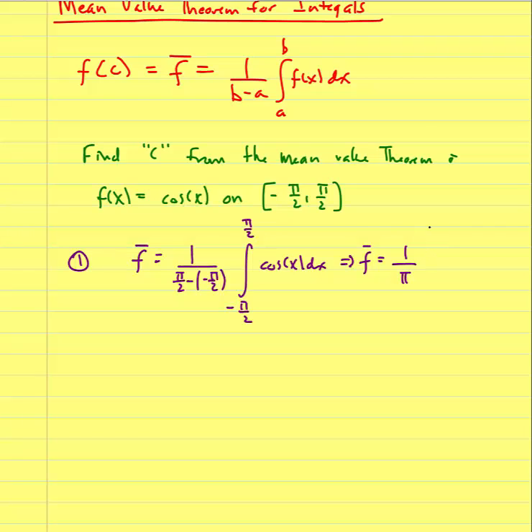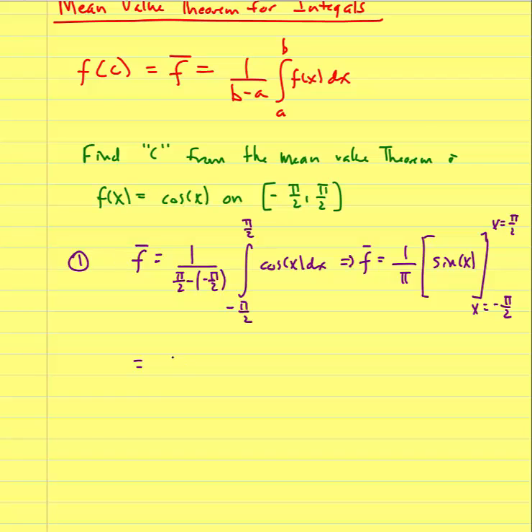Now if I look at the integral of the cosine, the integral of cosine is sine. The derivative of cosine is negative sine, but the integral of cosine is positive sine. And again, that's just for knowing your antiderivatives. And I want to evaluate this from x equals negative pi over 2 to x equals positive pi over 2.